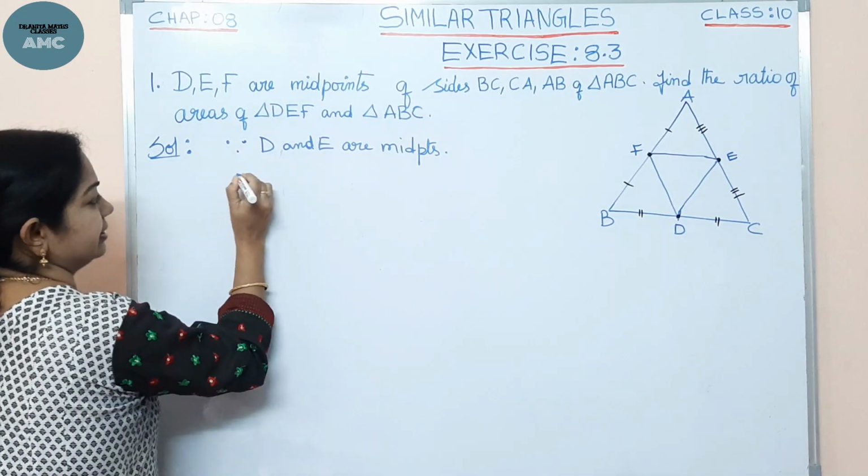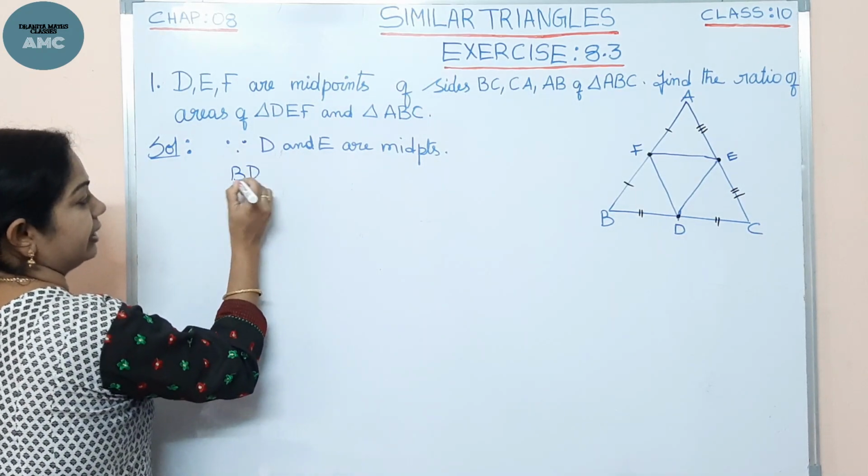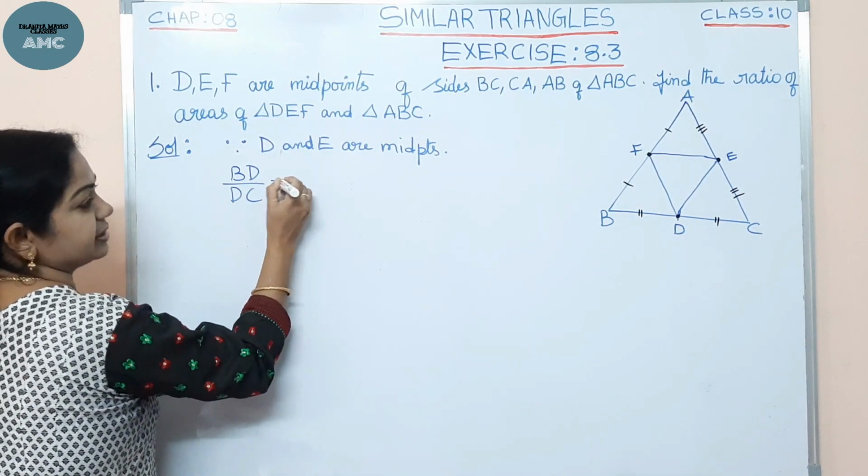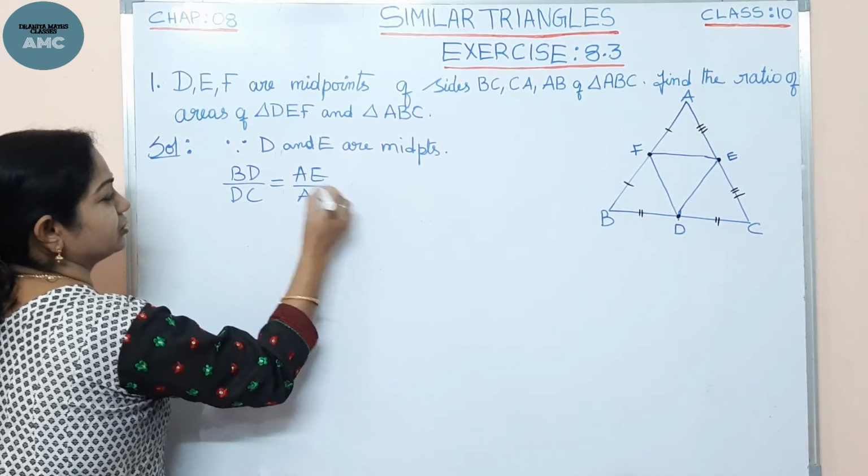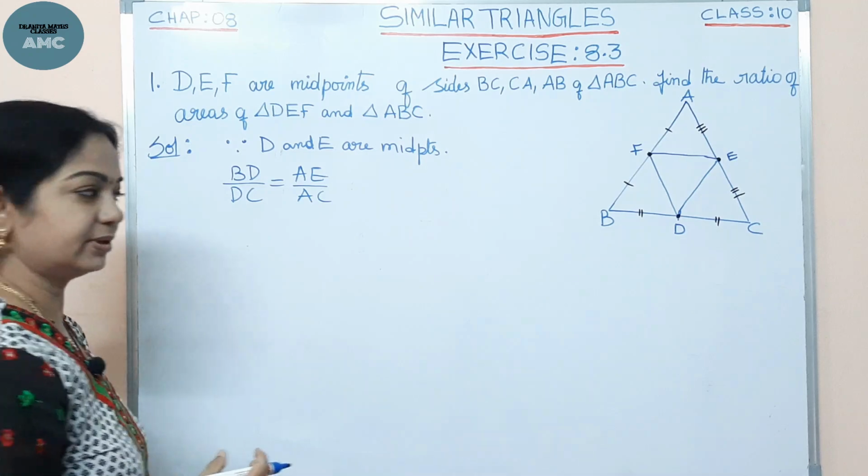I can write, isn't it? BD by DC is equal to AE by AC. So these are all equal.